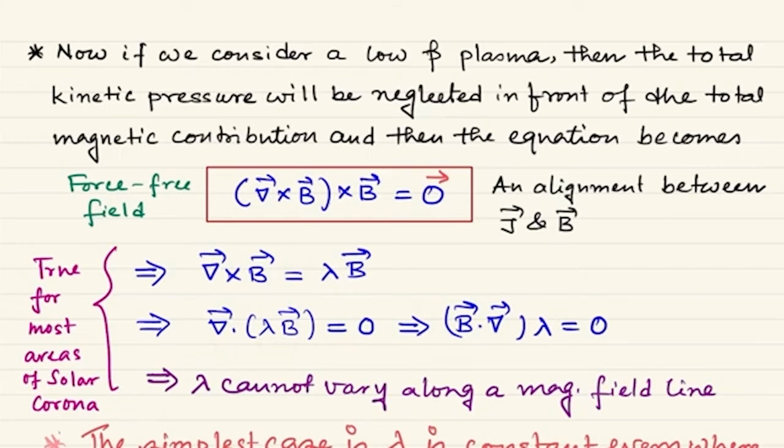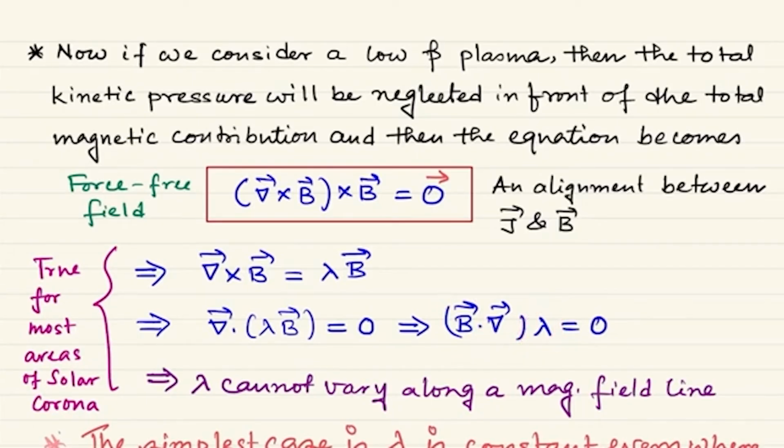Since divergence of B is always 0, this is equivalent to writing B dot nabla lambda is equal to 0. So that means that if you are following one specific magnetic line of force, then along this line of force in space, lambda's value does not change.